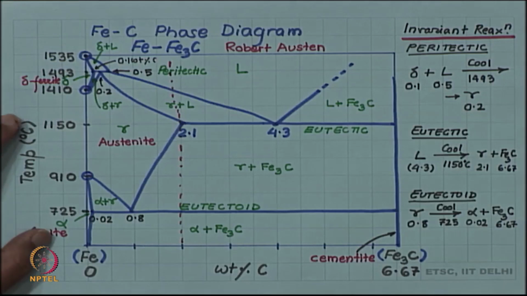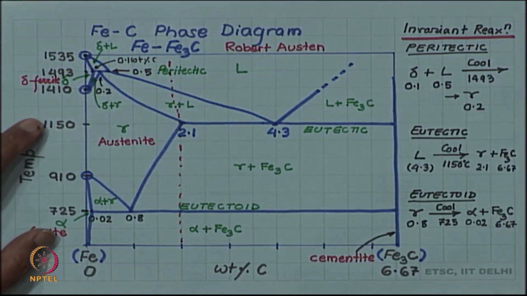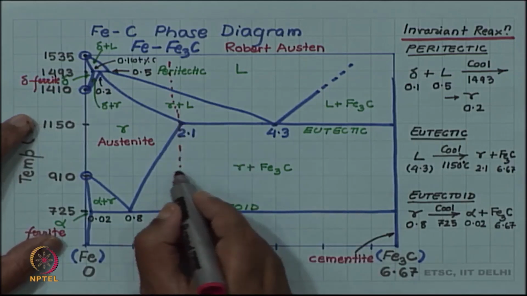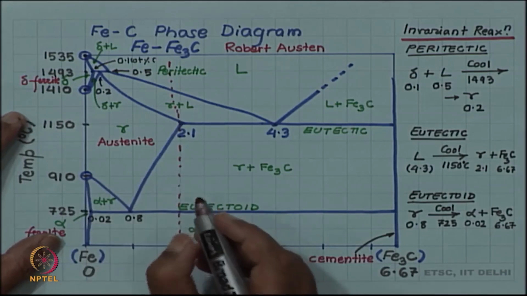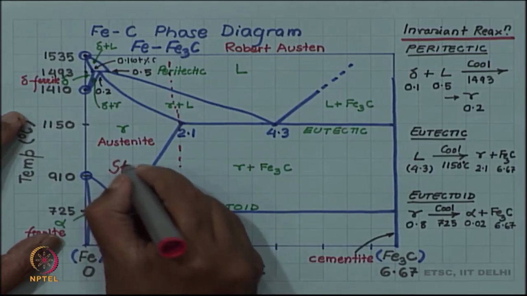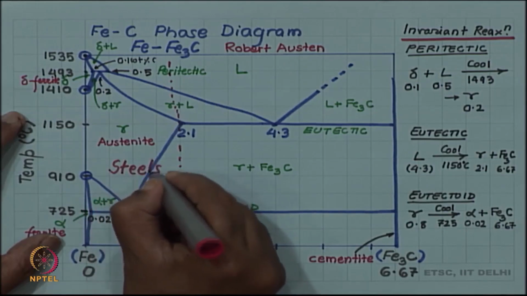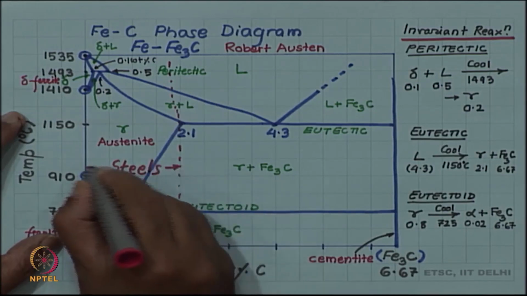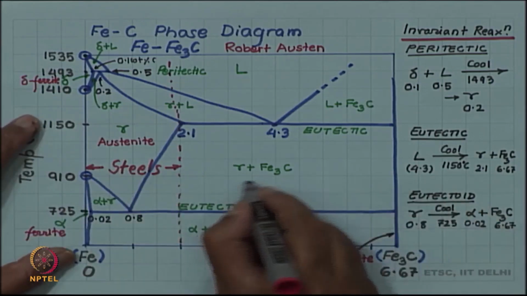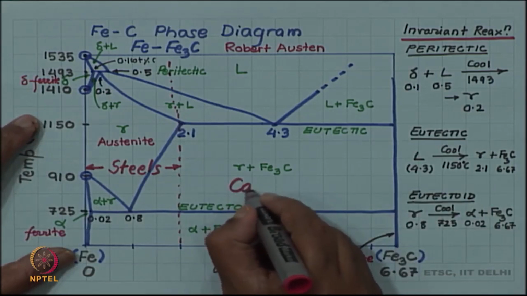One is called cast iron and another is called steel, and a rough demarcation line is drawn at about 2 weight percent. So, alloys with less than 2 weight percent carbon are called steels. And alloys with higher carbon are called cast iron.